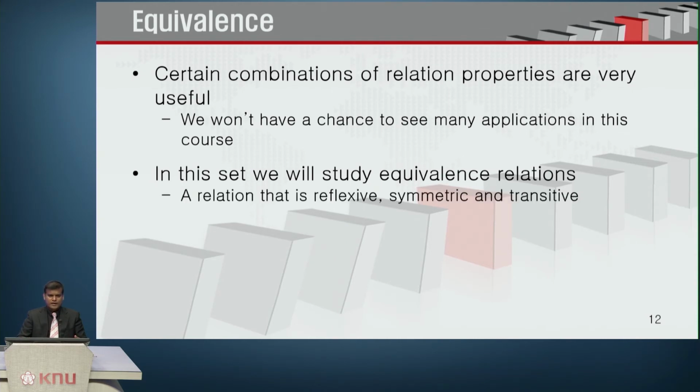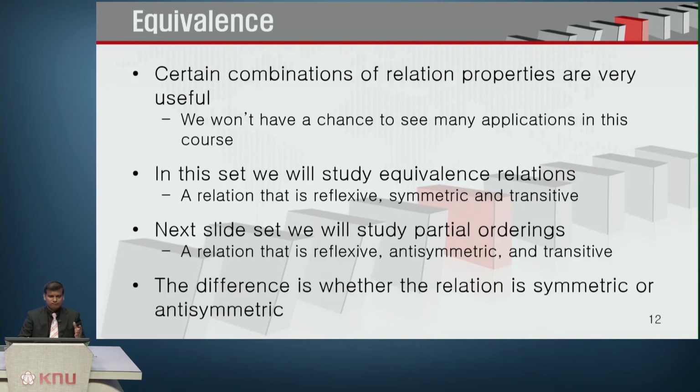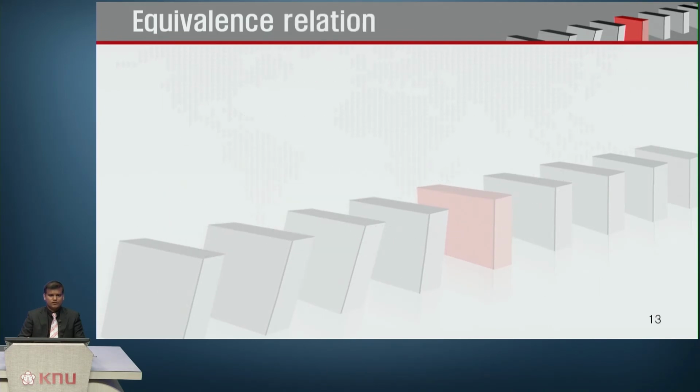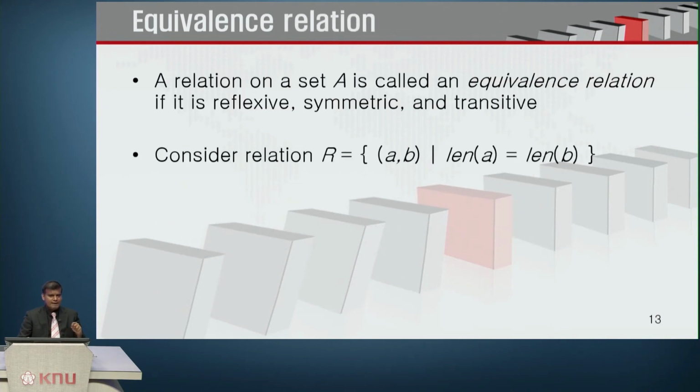For example, a relation that is reflexive, symmetric and transitive can be established, and we are going to see about partial ordering in a few slides from now. For example, the equivalence relations: a relation on set A is called an equivalence relation if it is reflexive, symmetric and transitive.